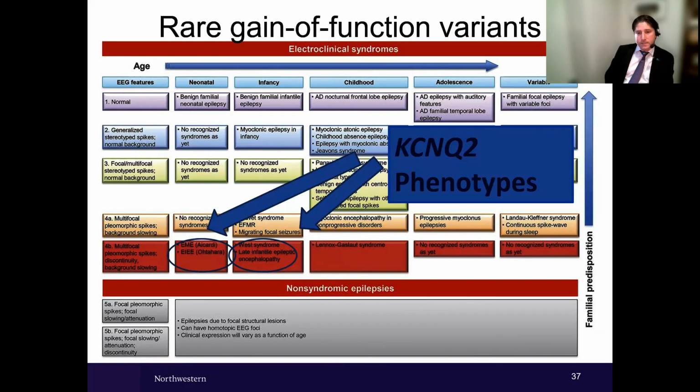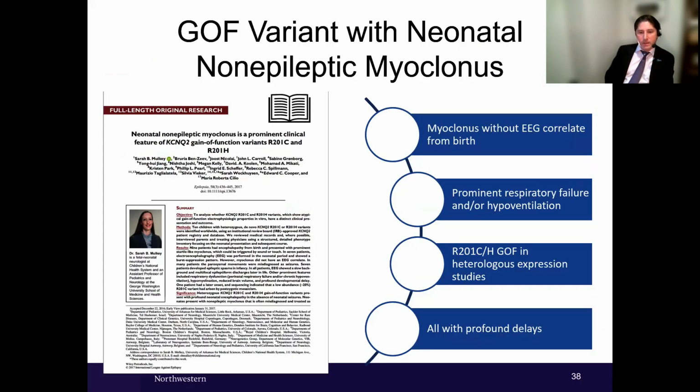And then the last rare gain of function variant I'll talk about today presents in the neonatal period. So it doesn't really fit into the EME or the EIE, the Aicardi-Ohtahara syndrome, but is in this age group. These patients, as described by my colleagues from the KCNQ2 research community, had myoclonus without EEG correlate from birth.